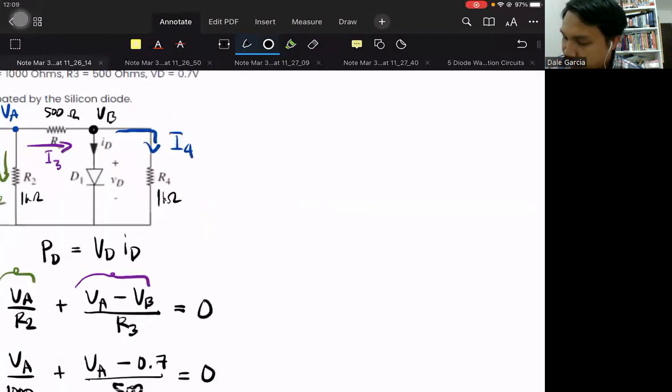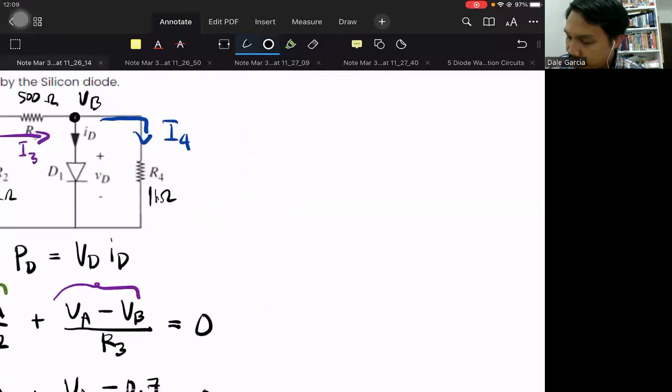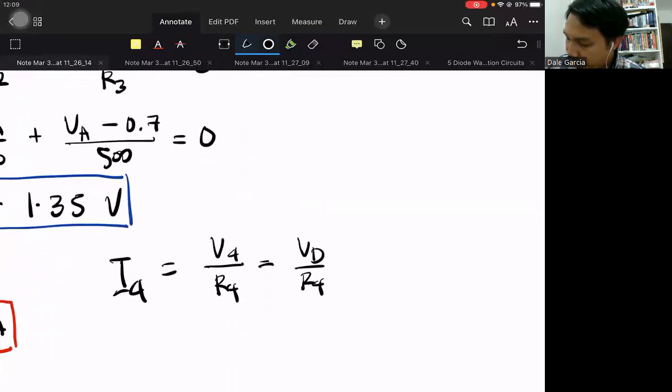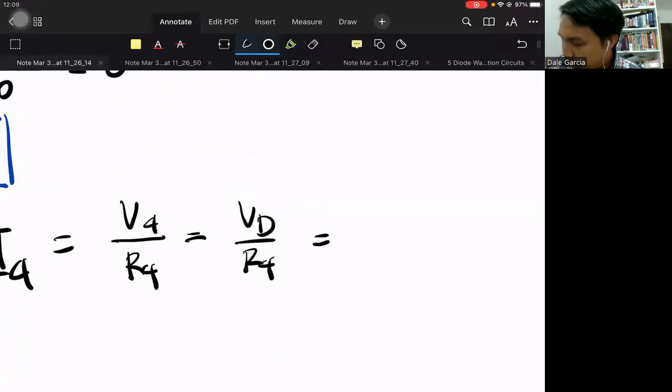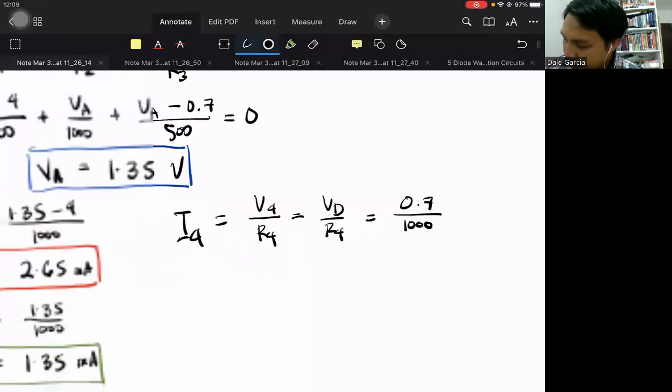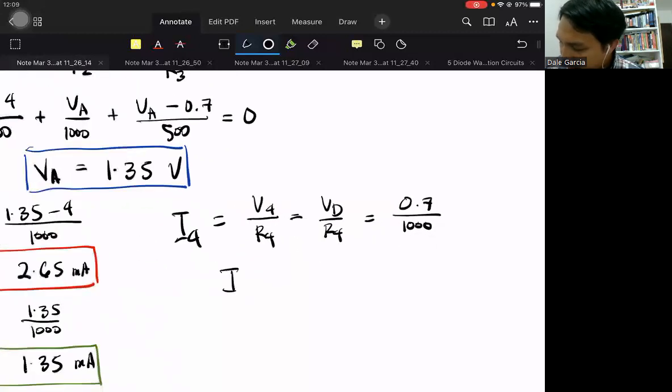Parallel man si R4 and si VD. So parallel sila, voltage. And if ang voltage ni VD is 0.7, 0.7 would be V4 over 1000. Therefore, I4 is equal to 0.7 milliamperes.